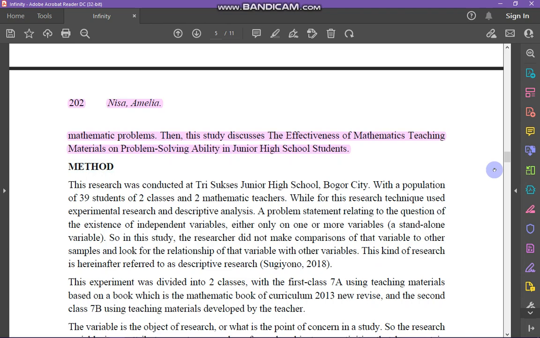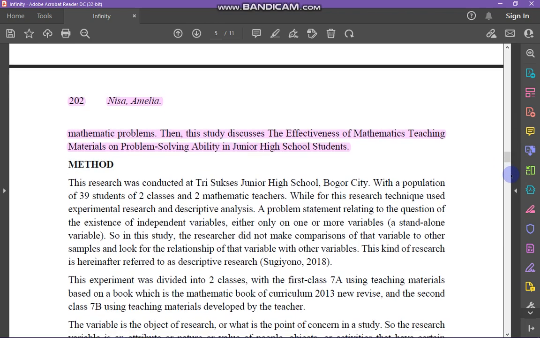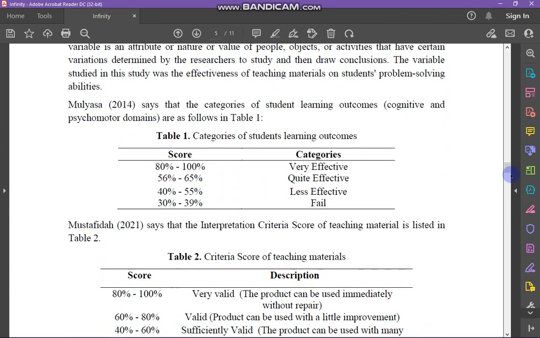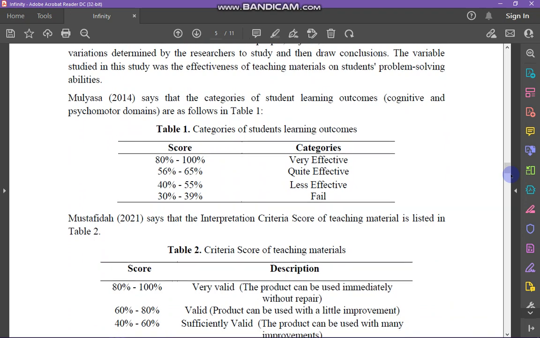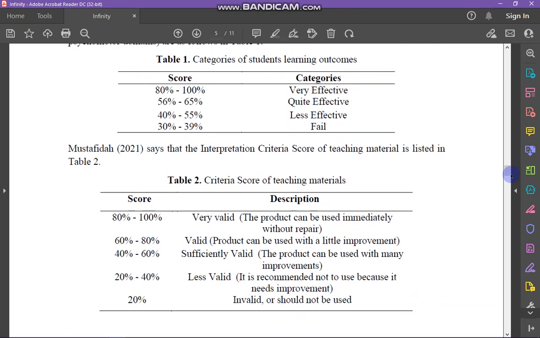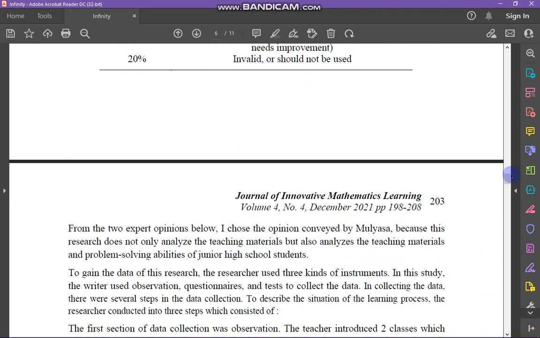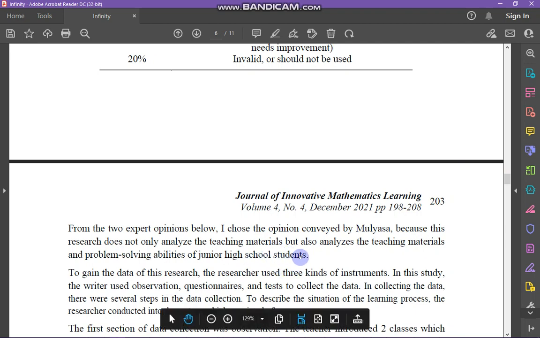This is the method. And the authors use the opinion conveyed by Mulyasa because this research does not only analyze the teaching materials but also the problem-solving abilities of junior high school students.